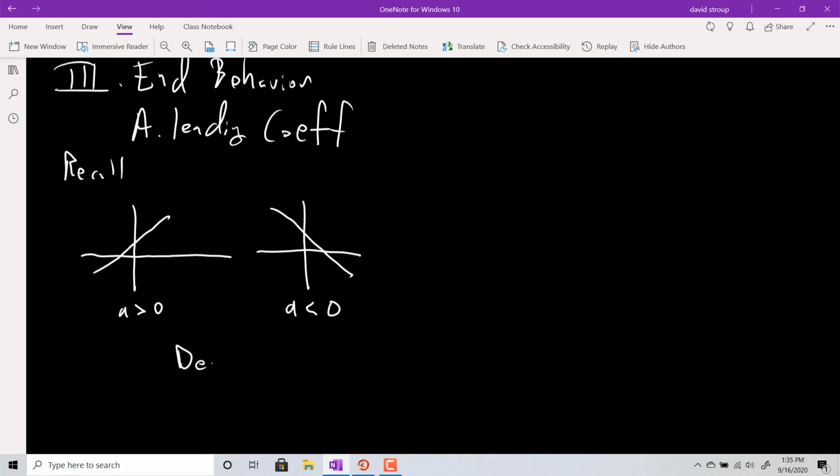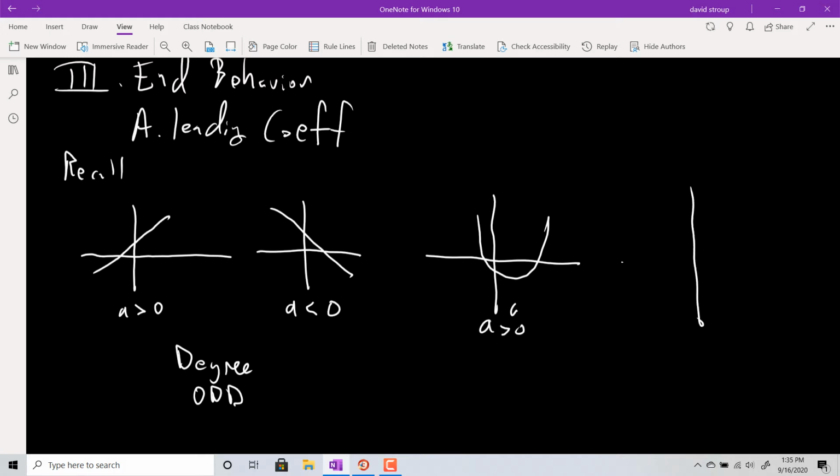Both of these are degree odd cases. And then the parabola. We had two cases: either a happy face when a was greater than 0, or a sad face when a was less than 0. We're going to call those cases degree even, because for parabolas, ax squared plus bx plus c, the degree is 2, so those are even degrees.